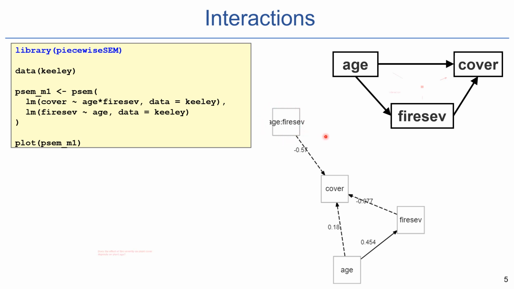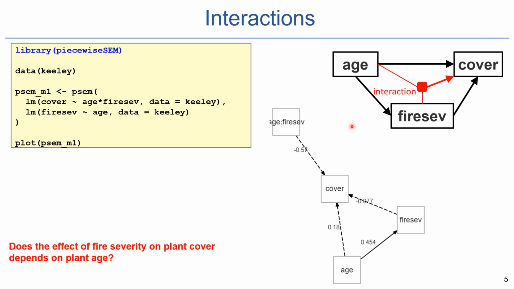But in reality, what we want to show on our path diagram would be something like that we have interaction effects. So the plot function is not very suitable in order to plot the interactions.